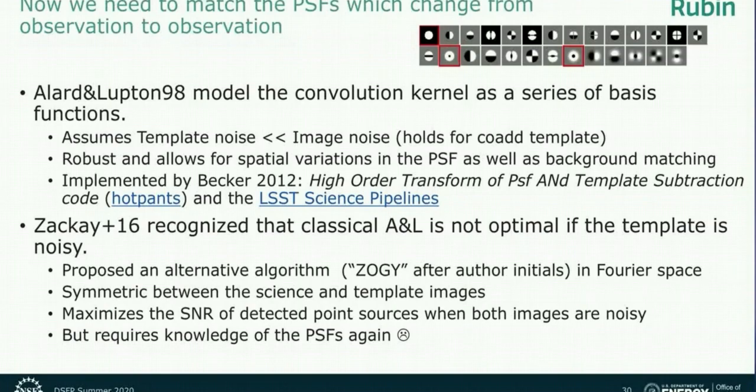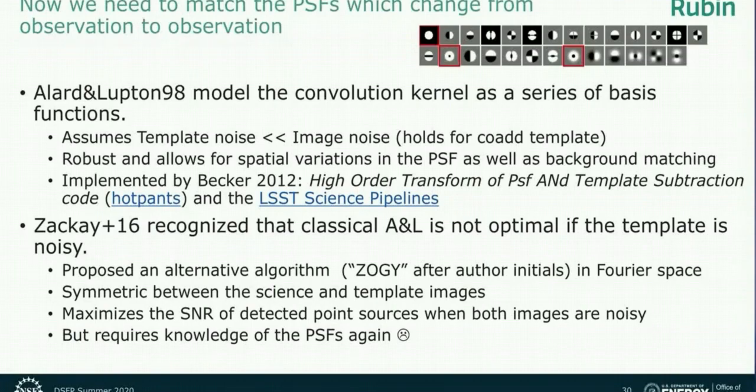However, that made the assumption that the noise in your template was much, much lower compared to that of the image. It was basically in the limit that the template is noiseless. This was implemented by Andy Becker as the code he called Hotpants. This is also what he implemented in the LSST science pipelines as well.